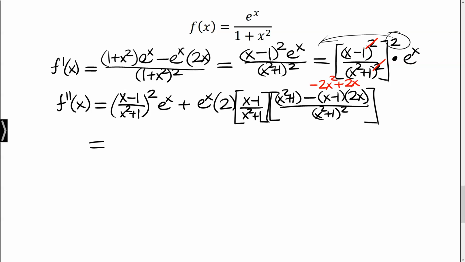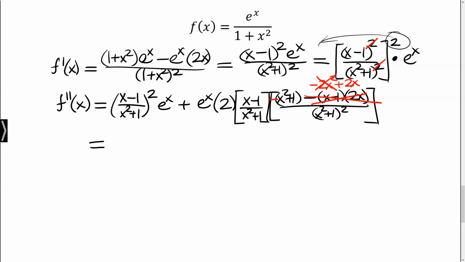Correct? Yeah. So we've got x squared plus 1 minus 2x squared plus 2x. So altogether, that's going to make a minus x squared plus 1 plus 2x. So a minus x squared plus 2x plus 1.